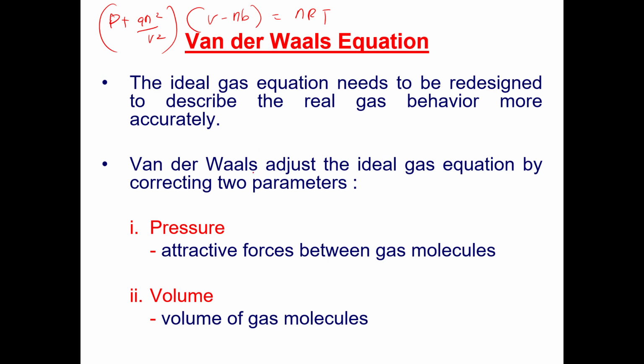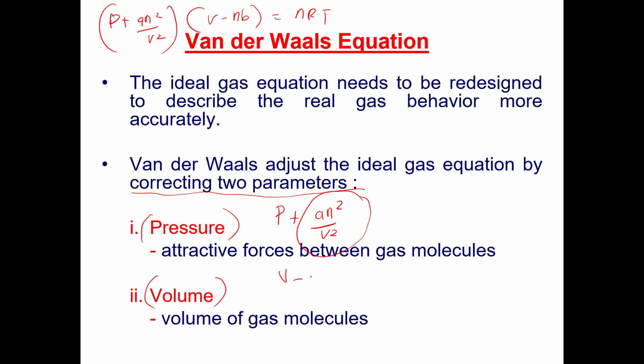Okay, so we adjust the ideal gas equation by correcting two parameters. Okay, disebabkan ada dua deviation tadi untuk volume dan intermolecular force. So intermolecular force akan affect value of pressure in ideal gas dan volume affect volume lah dalam ideal gas, dalam PV equals to nRT. So in pressure kita ada an square over V square. So this one yang kita gunakan untuk adjust ataupun correct for correcting the ideal gas equation.